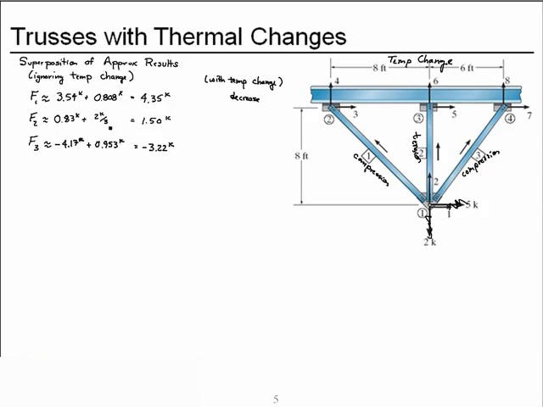And in this case, force in member 2 is in tension due to the applied forces, the applied loads. With the change of temperature, we expect more tension, so we expect this one to increase. And the force in member 3 we found in compression, and we expect more compression, so we expect it to increase as a negative quantity.